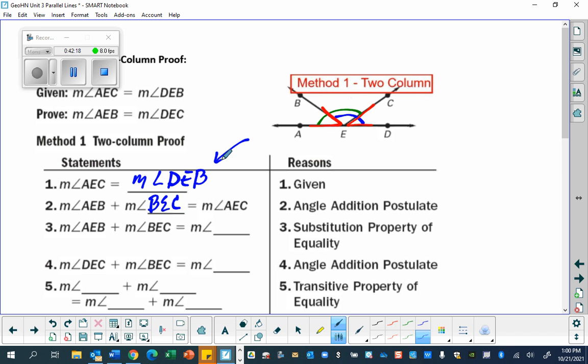This is what I'm going to be substituting, DEB. My next addition, DEC plus BEC, that's going to equal DEB, and if you'll notice, this is where I have that connection between them being equal.